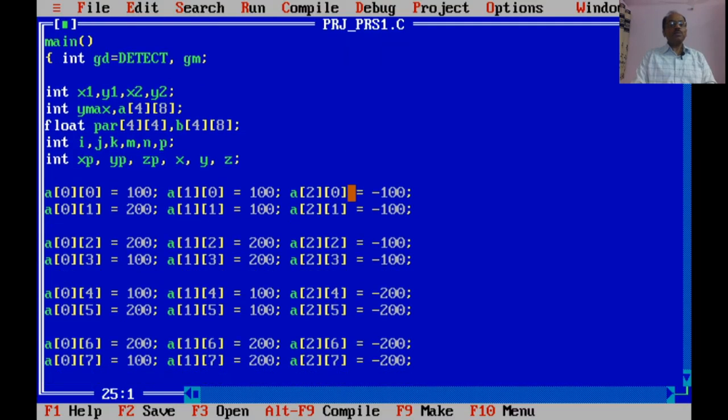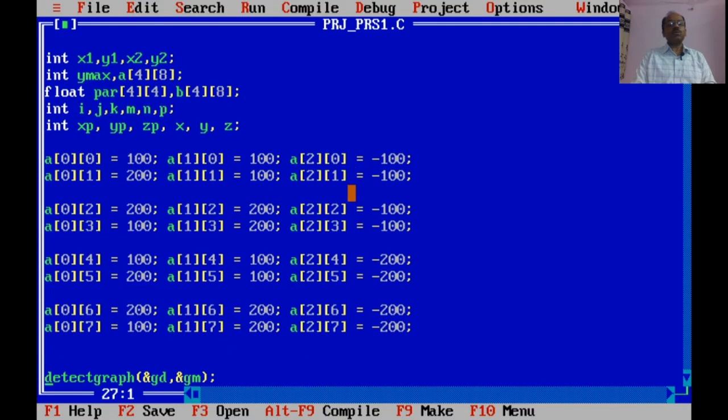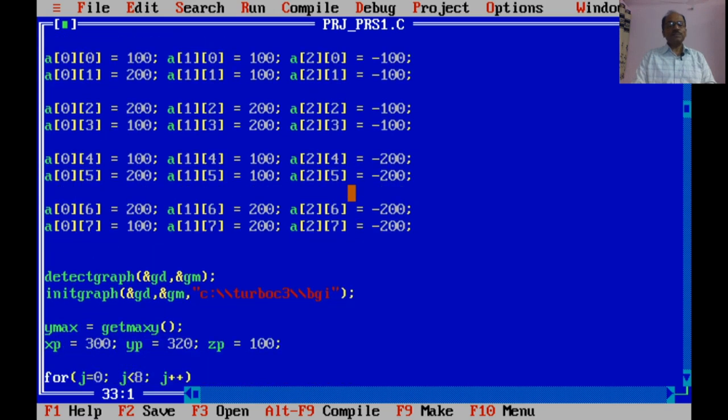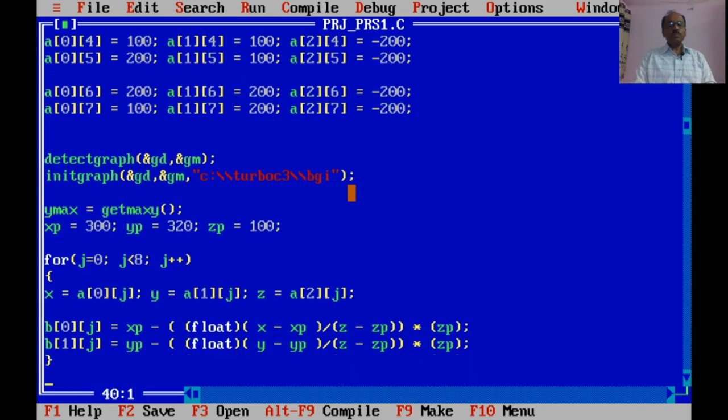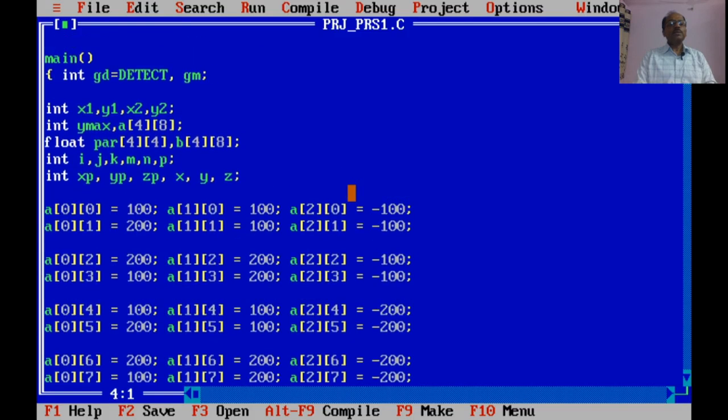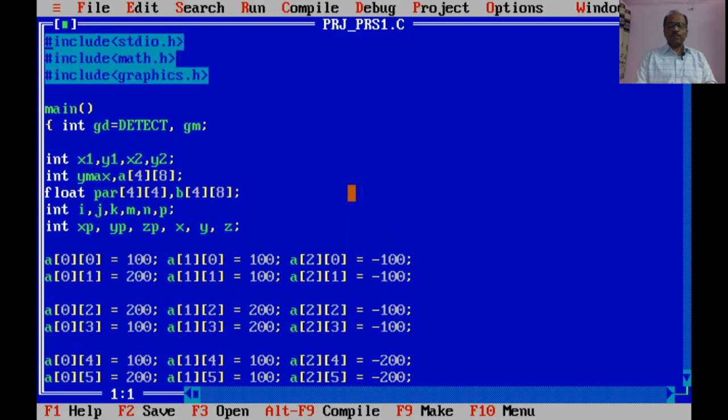All the values, that is, the coordinates, I have initialized, and it will show both figures, the original and the projected one. So, let us compile, and on the screen you are seeing a figure like a cube, but that is not actually a cube.